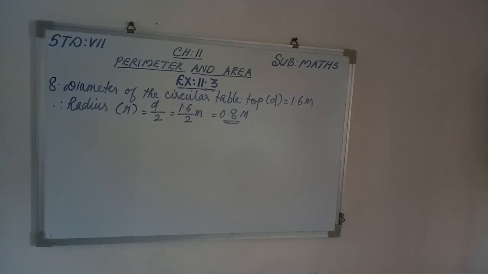Now how to find out the area of the circular tabletop? Using the formula pi r square.